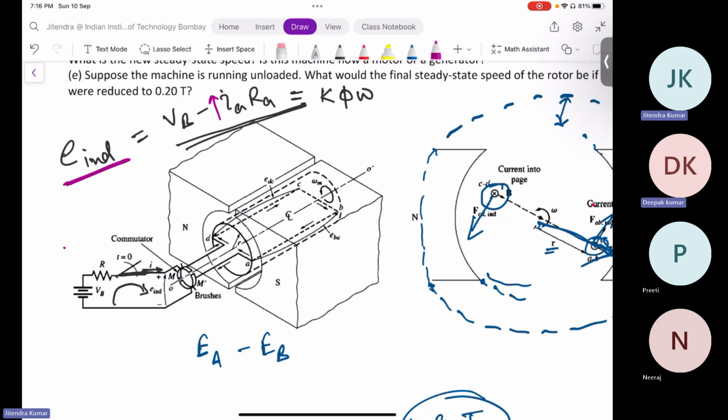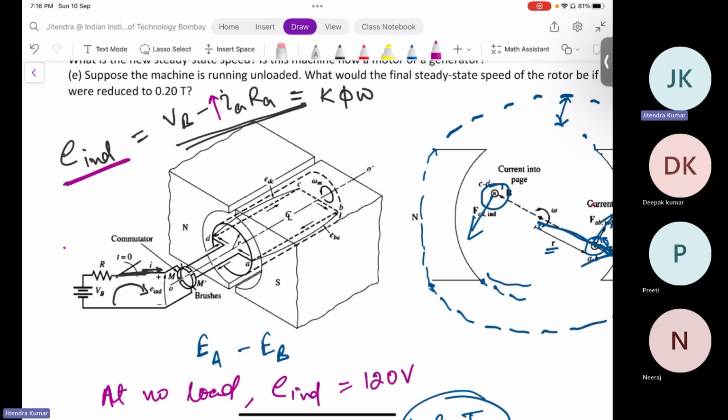Just from this expression, if you are increasing the load current IA, or armature current, what will happen to the EMF induced? At no load we computed 120 volt.